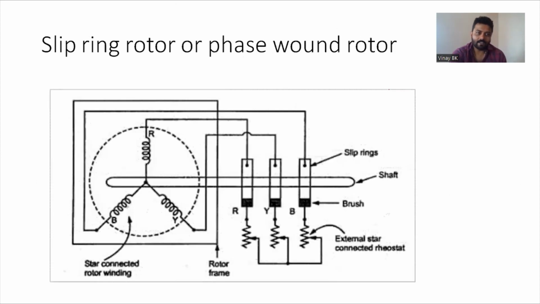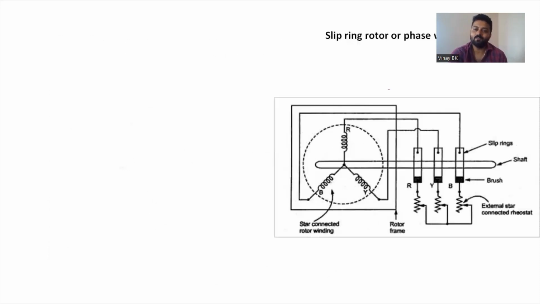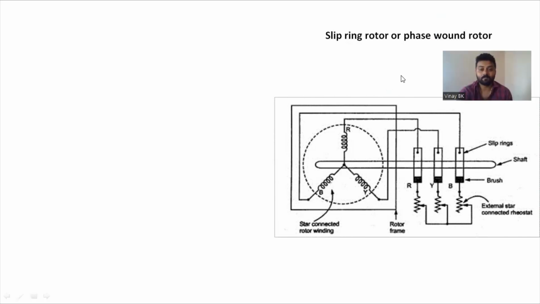Okay. And the next is the slip ring or phase wound induction motor, the second case. Just observe the diagram. Here you have the rotor winding, which is connected in star, and each end of this winding is connected to slip rings.